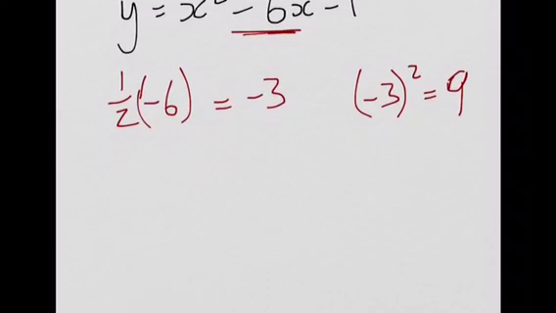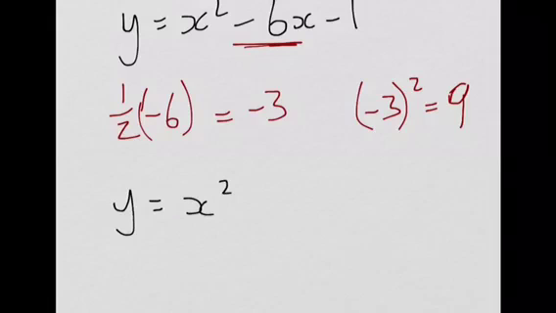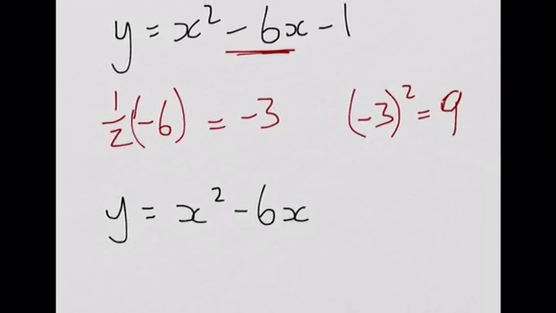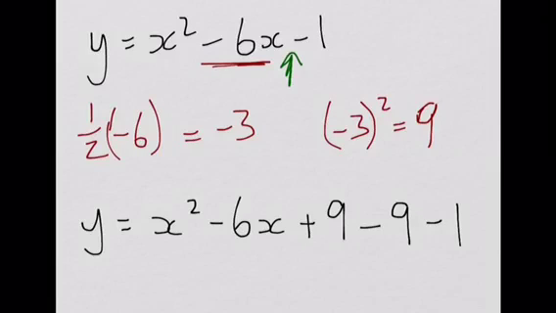Now we add that 9 to our equation, but unlike before where we added the 9 to both sides, in this case we add the 9 after the 6x, and so we're not actually changing our equation, we also take away 9. So we add 9, take away 9, essentially we've changed nothing.